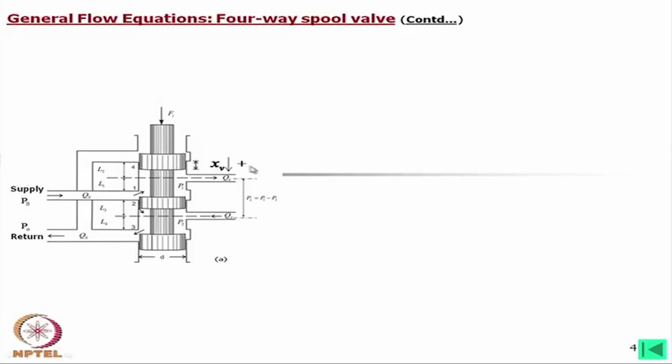In that case, for the first movement, when the movement initiates, for small movement, there is no flow in the valve. So, calculating this xv in the equations, we have to take care of that overlapping portion. However, in this case, we have considered that this edge was matching with this edge, and from there we have started counting the xv, the spool movement.